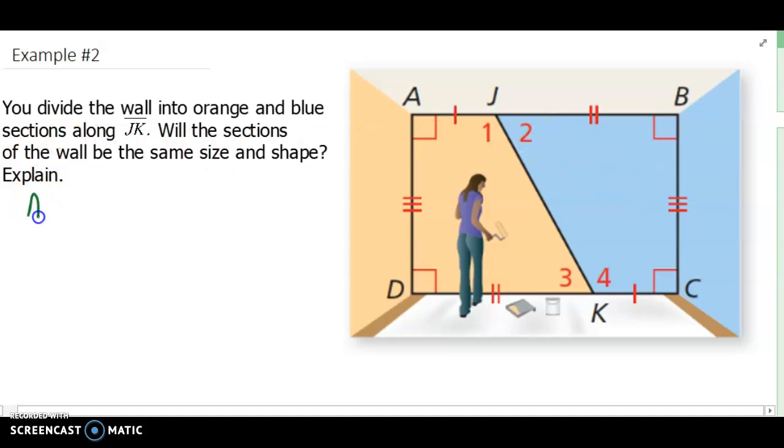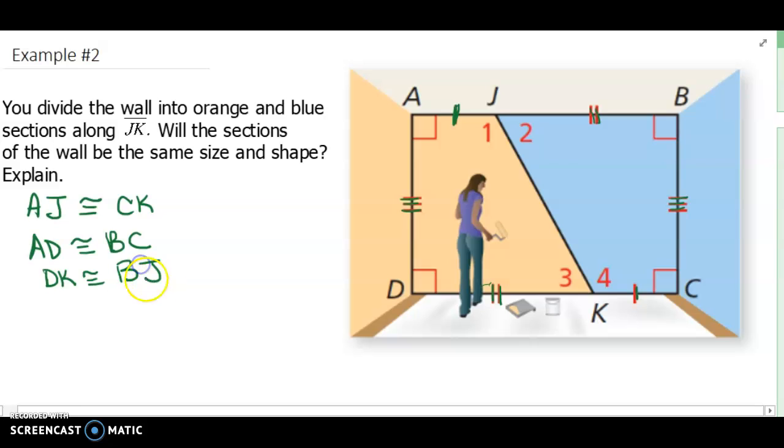Well, AJ just has one tick mark, so AJ is congruent to CK, so that's good. I know that AD has 3 arcs, and BC also has 3 arcs, so AD is congruent to BC. And then I know that DK has 2 marks, so DK is congruent to BJ, which has 2 marks up here.